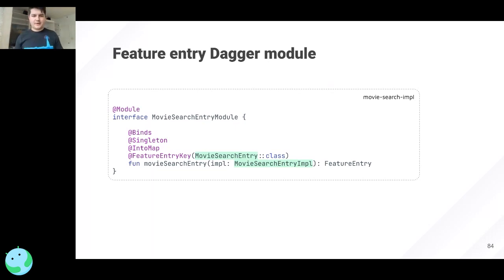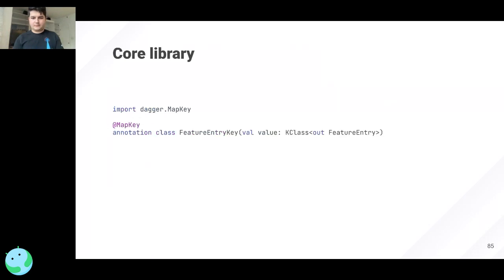We're using IntoMap, and a Dagger annotation FeatureEntryKey, where we define that the key in this map will be the class of the feature entry. FeatureEntryKey is a custom annotation that we created using the Dagger API.